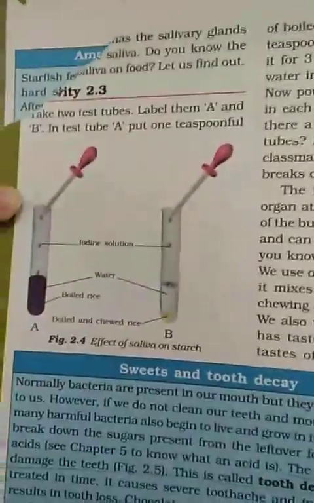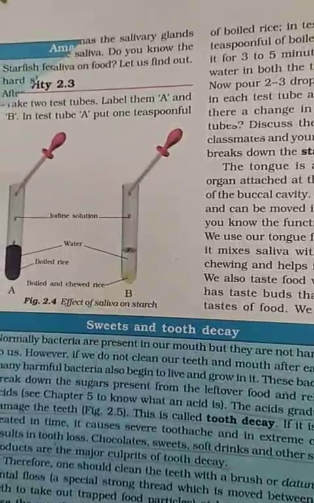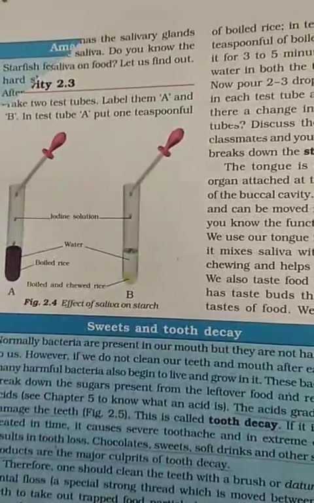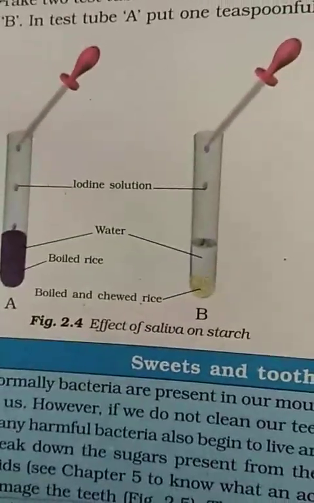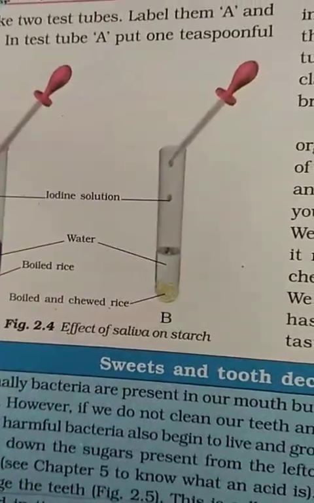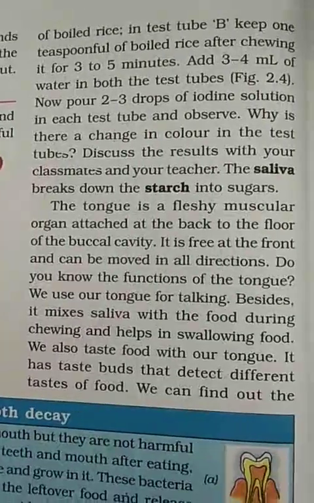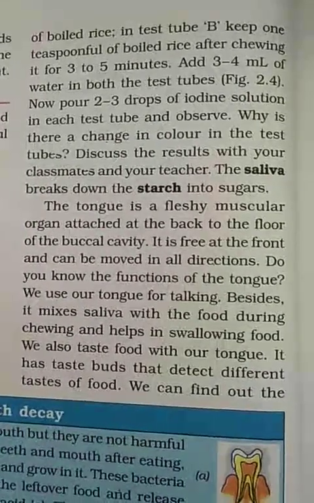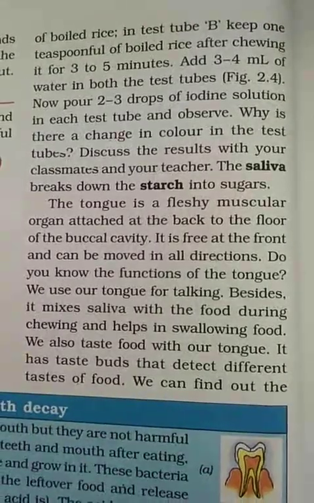Now the next activity given is to take two test tubes and label them as A and B. In test tube A, put 1 teaspoonful of boiled rice, and in test tube B, keep 1 teaspoonful of boiled rice after chewing it for 3 to 5 minutes.